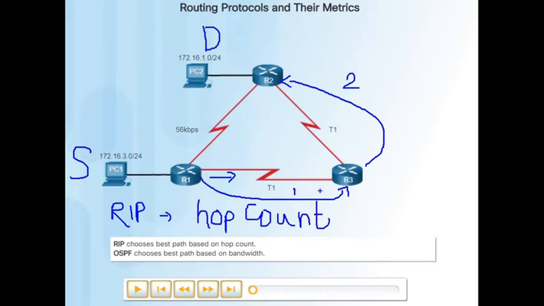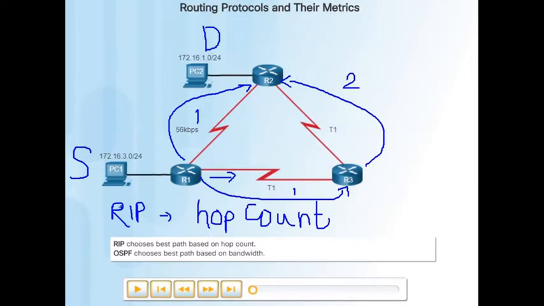So RIP will compare these 2 hops. What about, for example, using this line right here? To reach the PC2 network, going this way will only take how many hops? One hop.